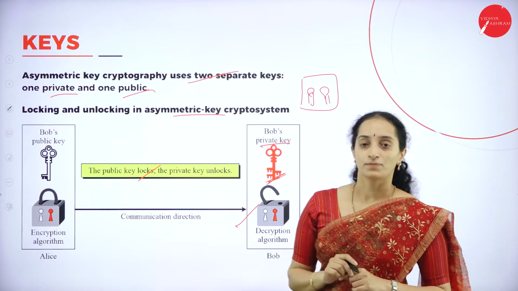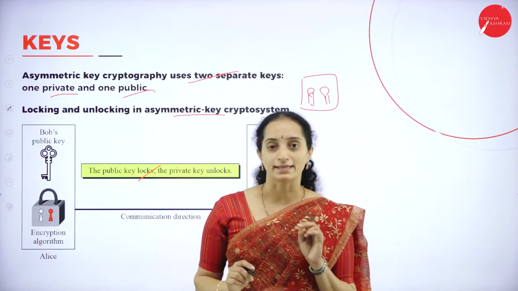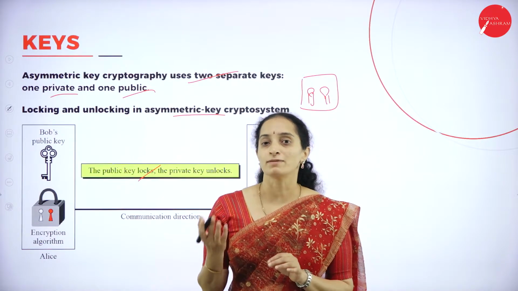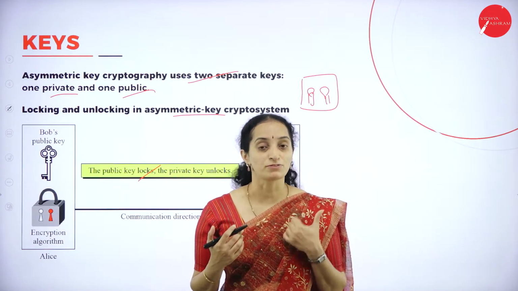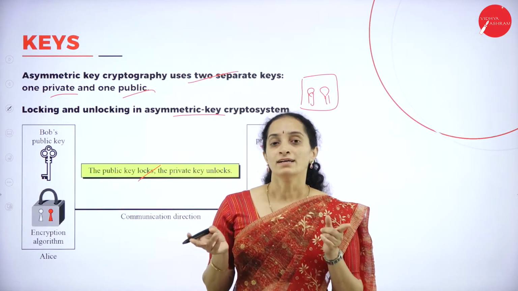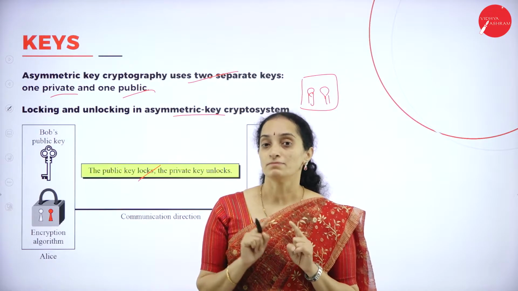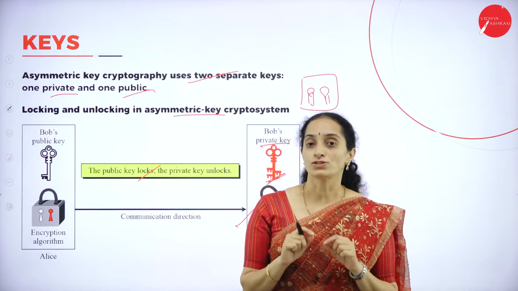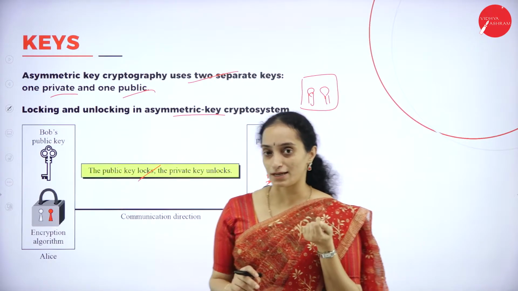two locks. Okay, both keys will be generated by the bank itself. One key they'll keep with themselves and one will be given to the customer of the bank or customer of the locker. Okay, when the customer wants to open the lock, he cannot do that with his own single key.